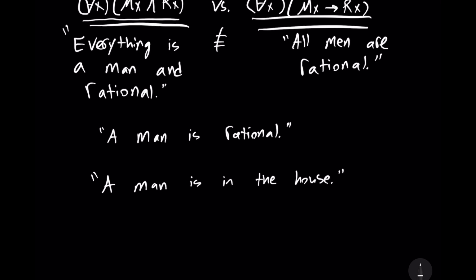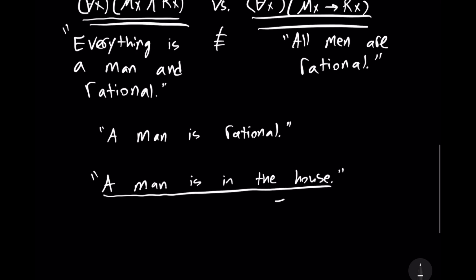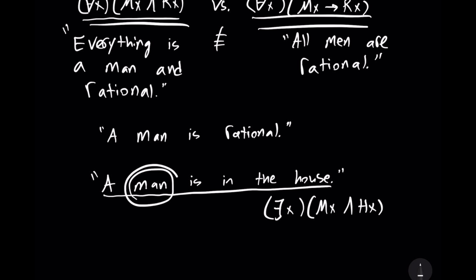Well, this second proposition, a man is in the house, is existential. So if we're going to translate that into predicate logic, we would say there exists an x such that x is a man and x is in the house. So we have man being predicated of x. We have in the house as being predicated of x. So there exists an x such that x is a man and x is in the house.